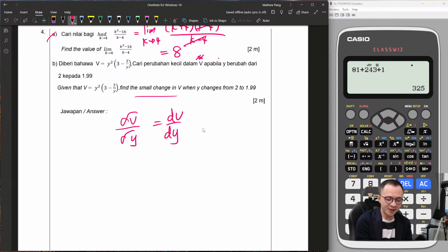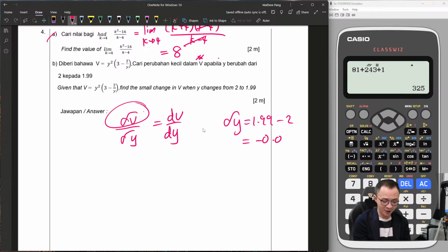Okay, so v is change. We want to find small change of the v when y changes from 2 to 1.99, so change of y is just 1.99 minus 2, which is negative 0.01. And then I want to do dv dy.